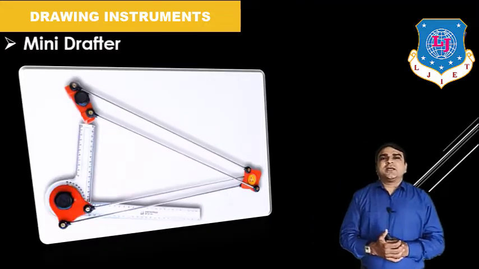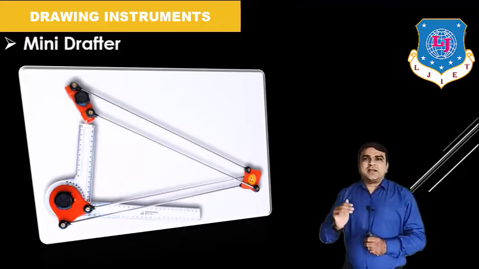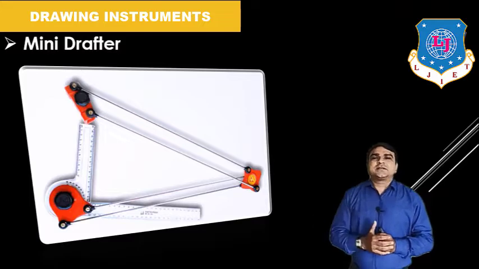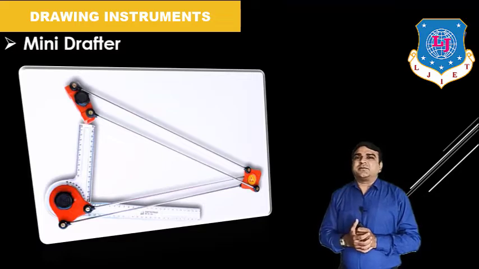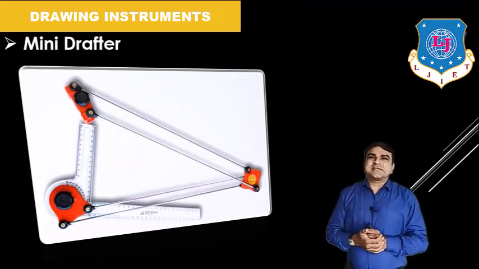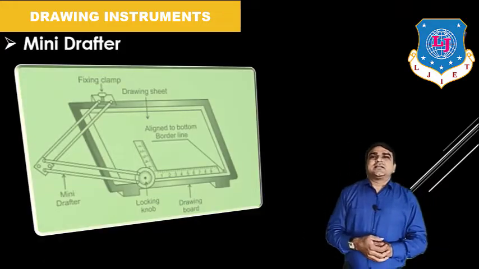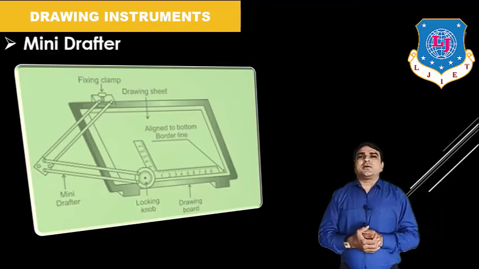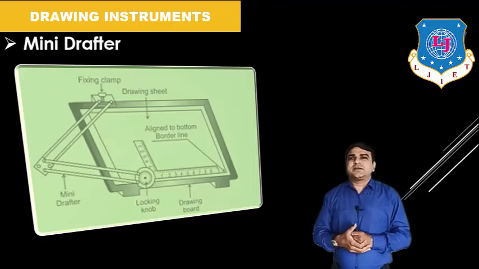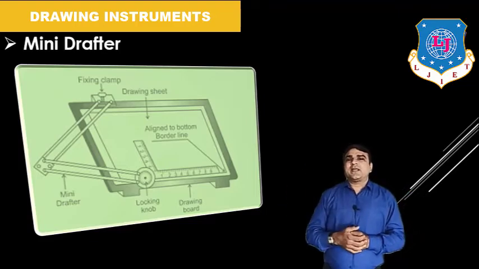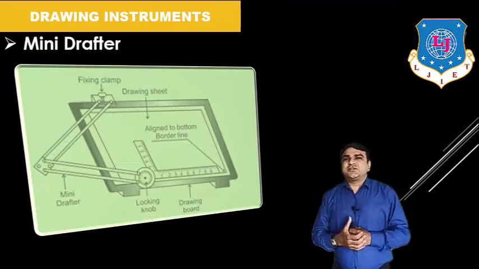Mini drafter. All the functions of T-square, set square, roll and draw scale and protractor are combined in this one drafting machine. This drafting machine is known as the mini drafter. Here you can see how to use it. The mini drafter is clamped with a screw at one corner of the drawing board, with two links and another two links joined at a pin joint.